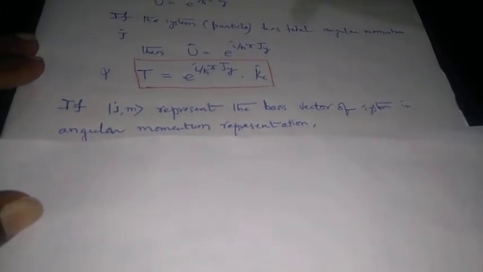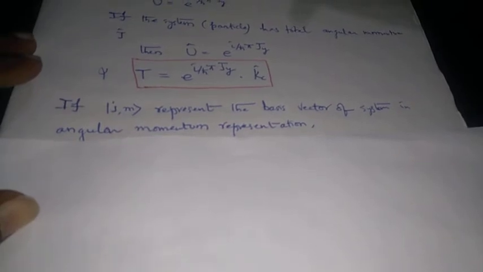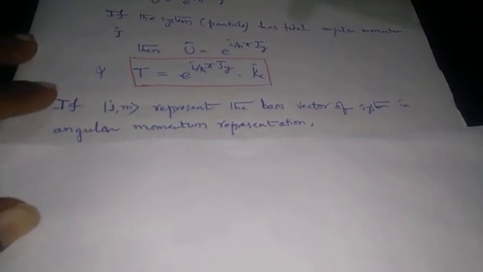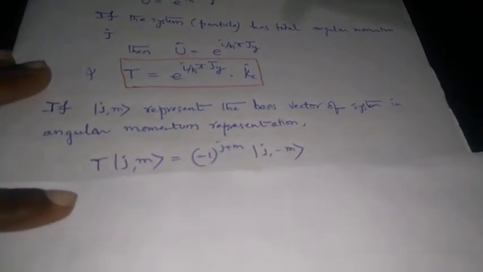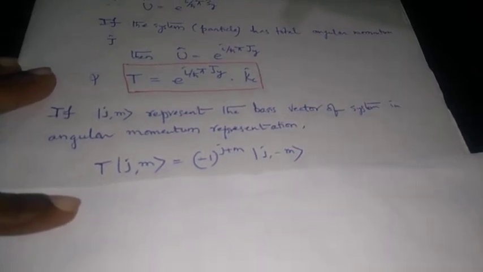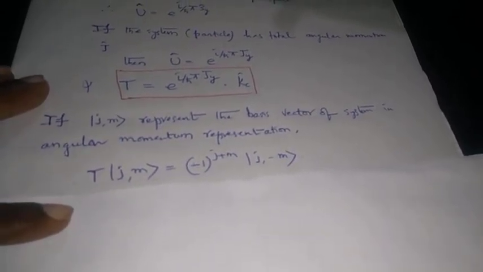If the basis state vector of the system in angular momentum representation is taken as ket j, m, then if T acts on that, it gives minus 1 power j plus m times ket j, minus m.